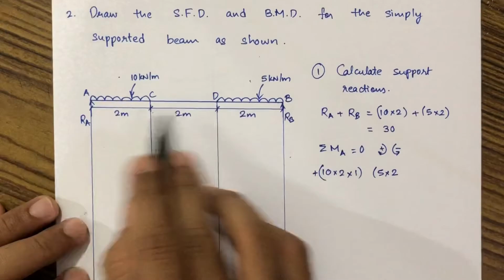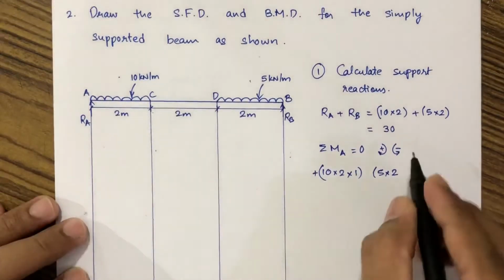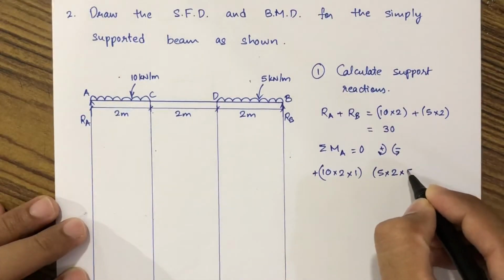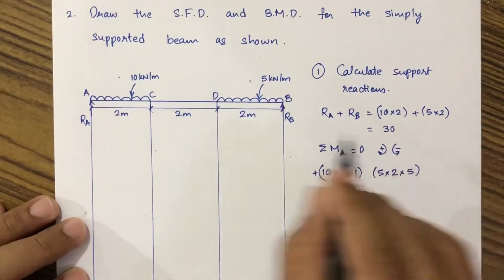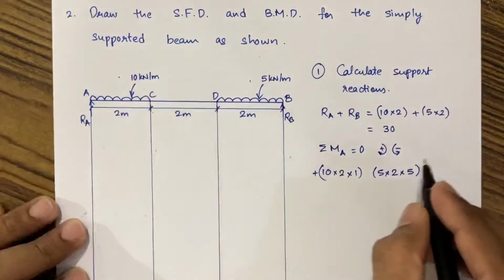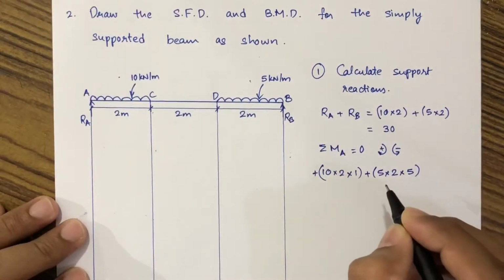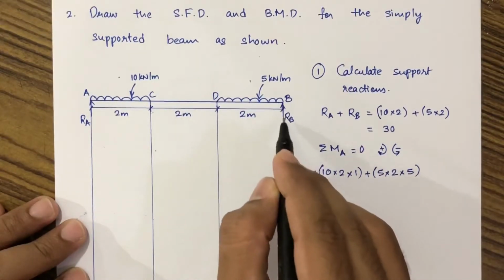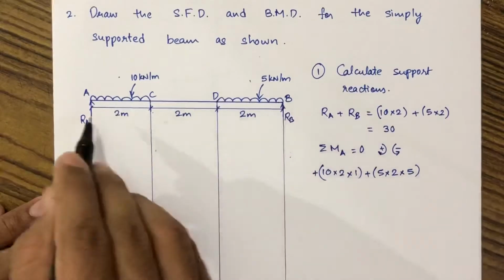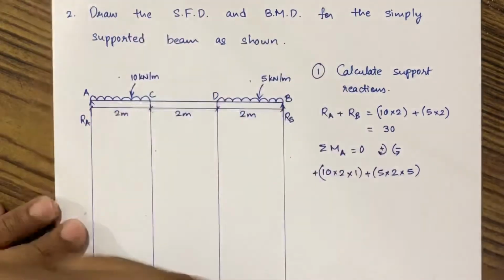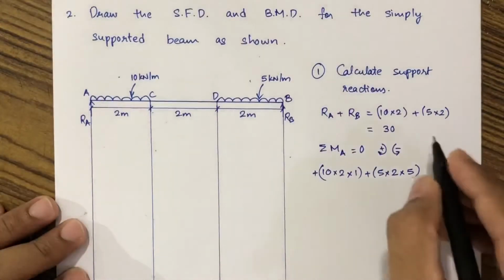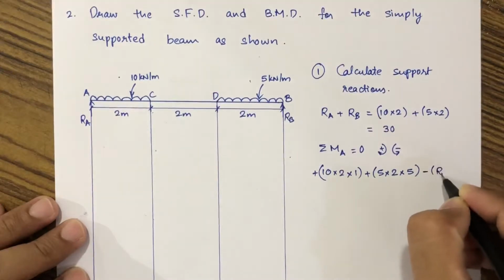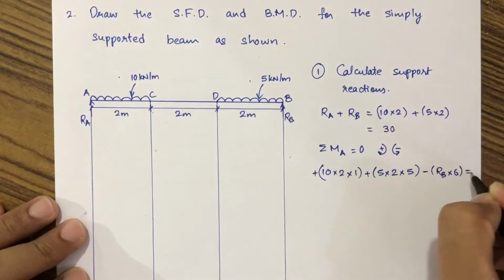So that is total 5 meter till A. So this will be 5 into 2 into 5 and it is also moving clockwise, hence plus. Minus, this RB has a perpendicular distance of 6 meter and this is moving anti-clockwise about point A, hence it will be minus RB into 6.